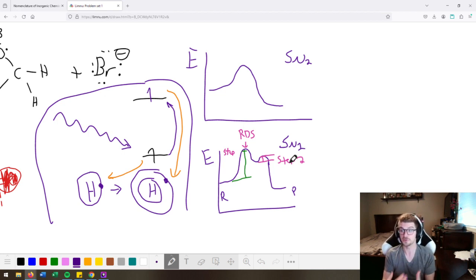Again, it's all just a measure of how spread out the electrons are, how much we've changed the electron repulsion, because that is like 98% of all chemistry: how efficiently can we spread out the electrons and reduce the amount of repulsion between them.